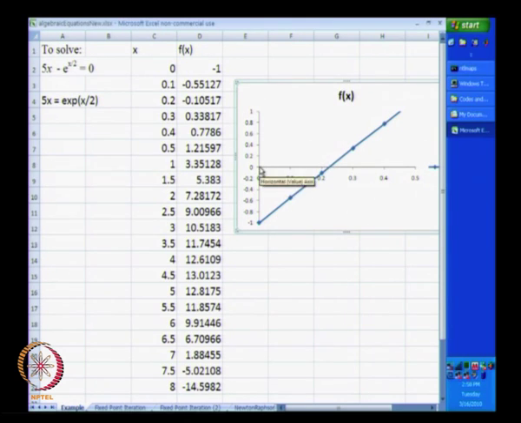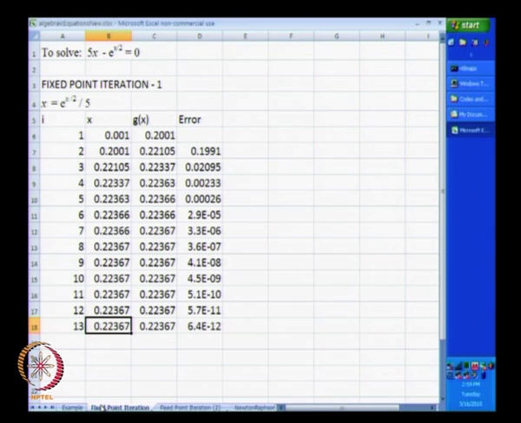When we started with some value very close to 0, the fixed point iteration ended up going to this particular solution when we used x equal to e to the power x by 2 divided by 5.